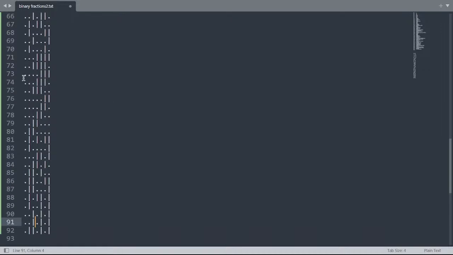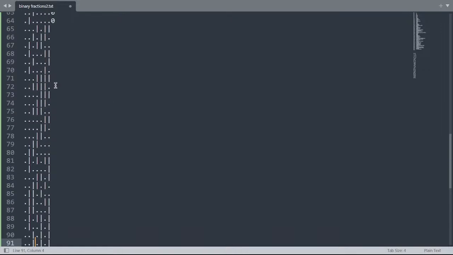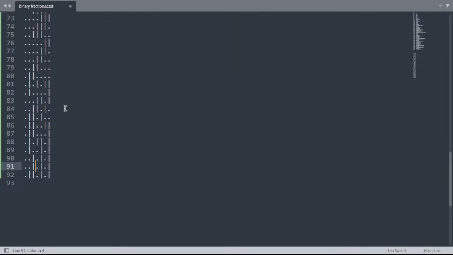Oh, and also this is just binary right here. It's using dots and pipes in place of 0 and 1, just as a notational thing. It's not that hard. What was I doing? That does not roll over.